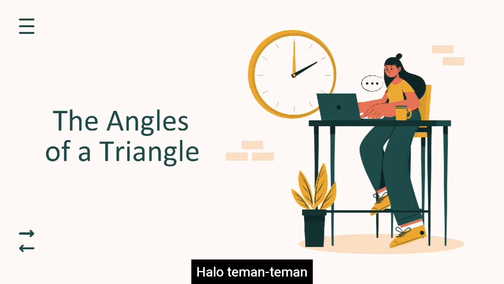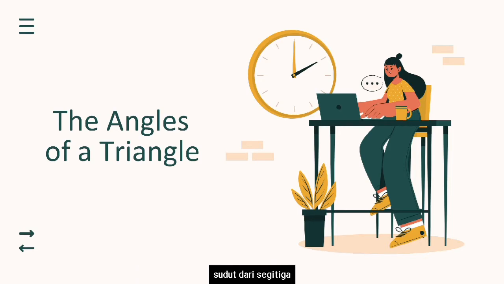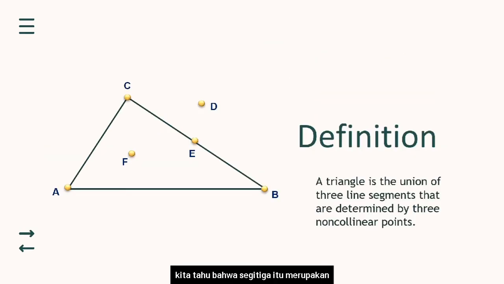Thank you. Hola guys, I will be sharing what I know about the angles of a triangle. We know that a triangle is the union of three line segments that are determined by three non-collinear points. You can see the figure on the left side is known as triangle ABC, and so on.